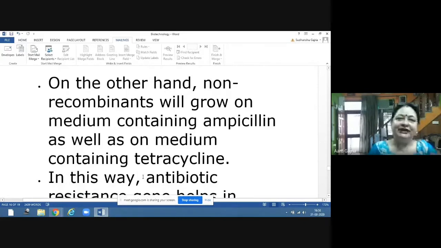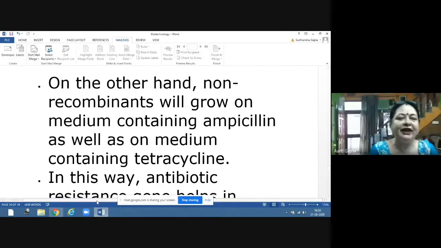So those which are growing on both media are the non-recombinants, and those which are growing only on ampicillin medium are the recombinants, because recombinants will not grow in tetracycline, because now they do not have the resistance for tetracycline. Clear?